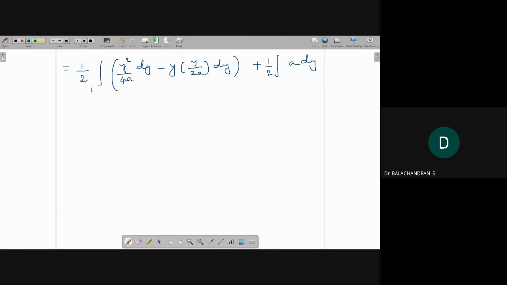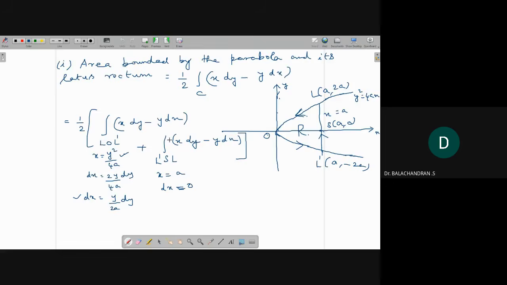Now what about here? What are the limits for y? So can anyone tell? What is the limit for y? So 2a to minus 2a, sir. Yes, 2a to minus 2a is correct.